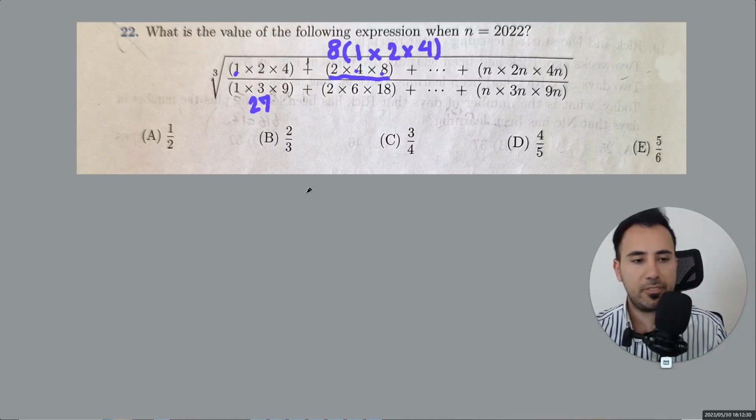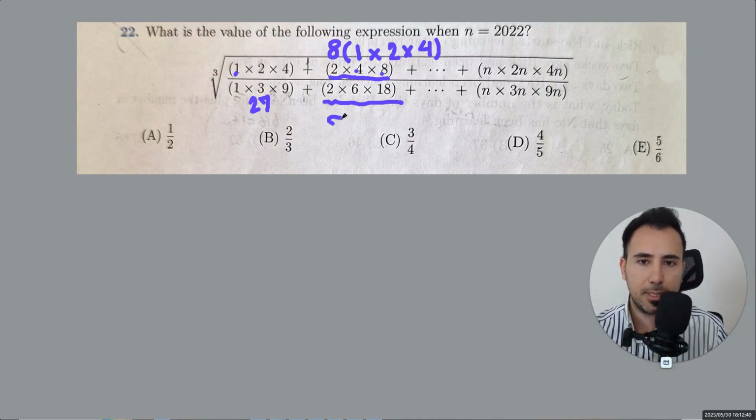If you're not sure, just factorize it. This one, again, I will factorize by 3. There are 3 threes. It's going to be 8 times 1, 3 times 9.